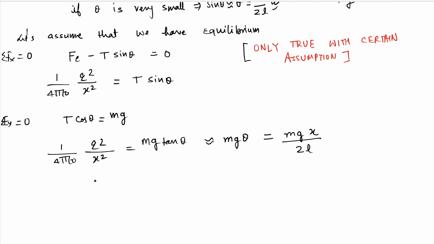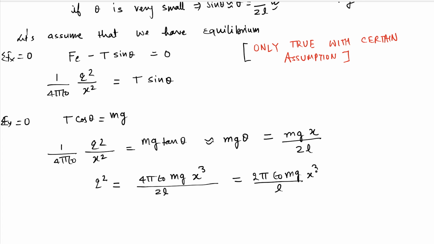Then we can write q square equal to 4 pi epsilon naught mg x cube by 2L. Let's simplify this: 2 pi epsilon naught mg by L times x cube, and let's take it as k x cube, where k is 2 pi epsilon naught mg by L.